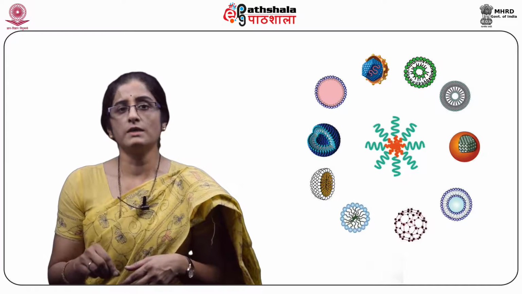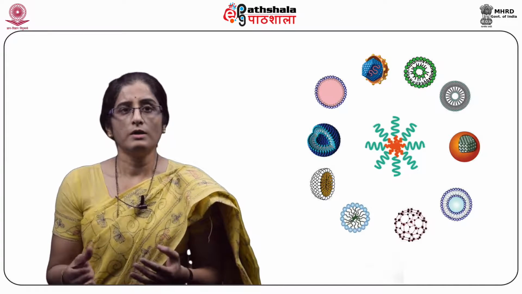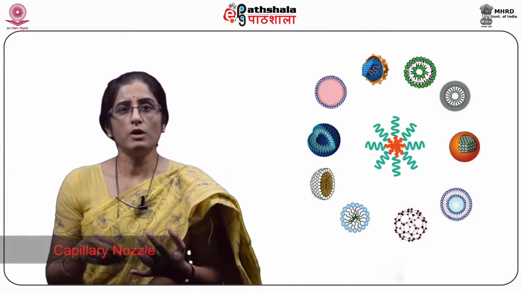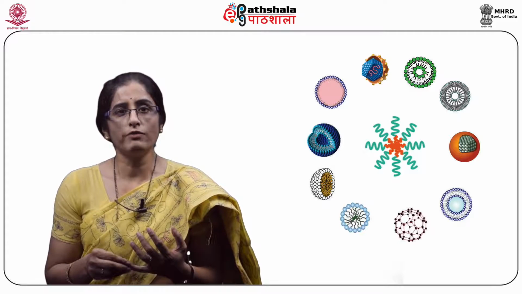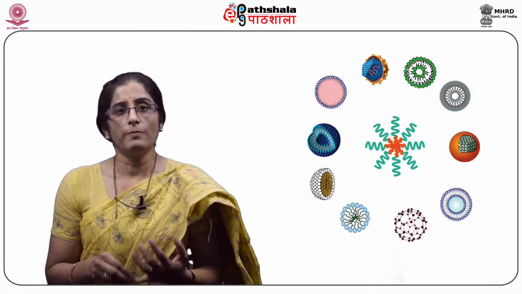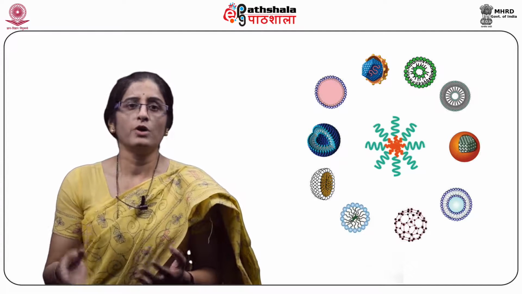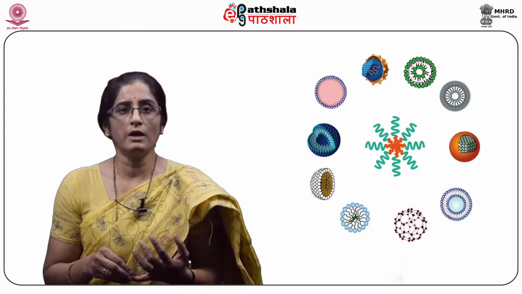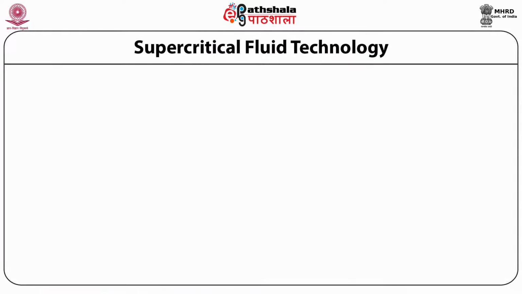The solution is then allowed to expand through an orifice or capillary nozzle into a lower pressure region, resulting in a loss of its solvent property and generation of a state of supersaturation, consequently homogeneous nucleation and nanoparticle formation.